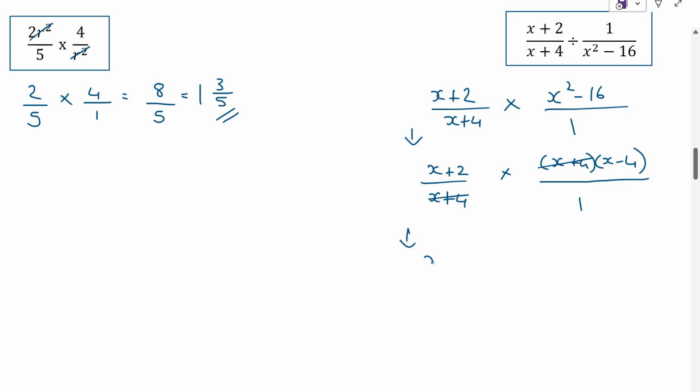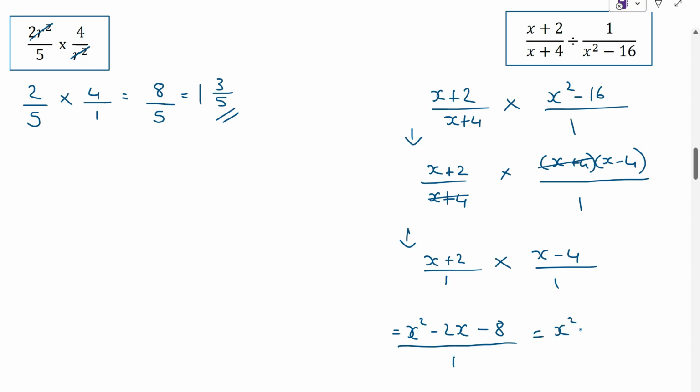So this now becomes x plus 2 over 1 multiplied by x minus 4 over 1. That gives us x squared minus 4x plus 2x is minus 2x minus 8 over 1, which is just x squared minus 2x minus 8.